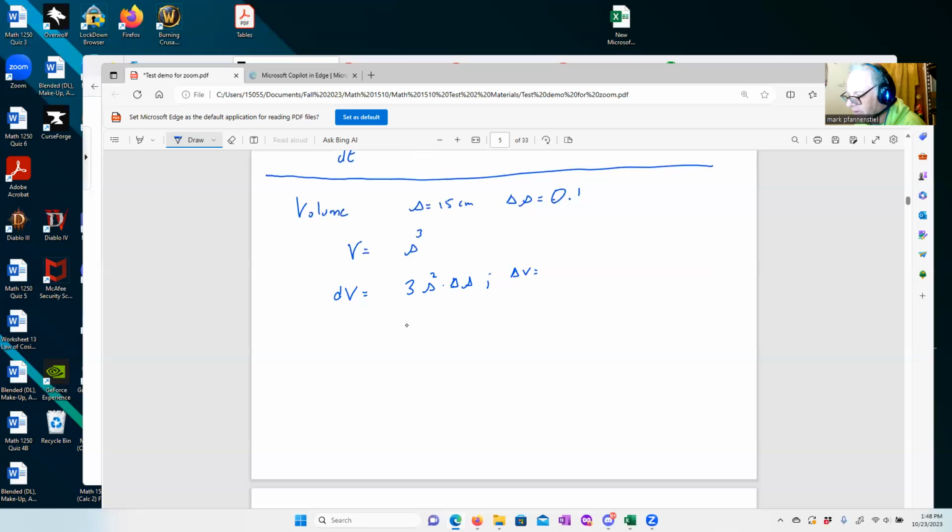So delta V is equal to 3 times 15 squared times 0.1. Put that in the calculator, and I get delta V is equal to plus or minus 67.5 centimeters cubed as an error.